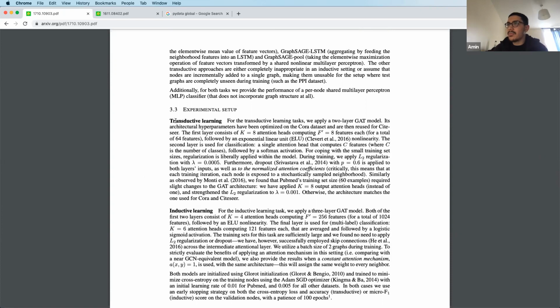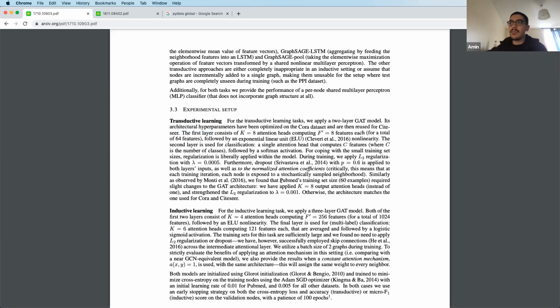So okay, another interesting thing, and I think this pertains to the use of the model in inductive settings as well, is that the model is trained on the Cora data set and then just reused on the Citeseer. So I think that's pretty cool.